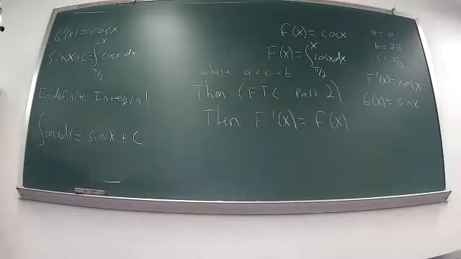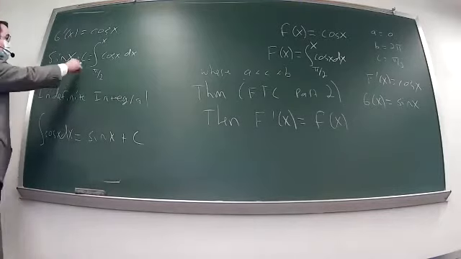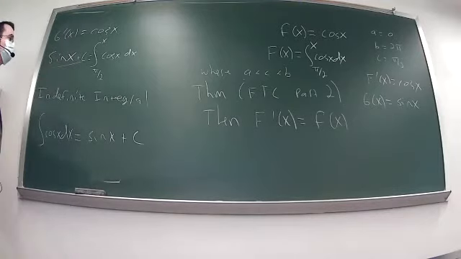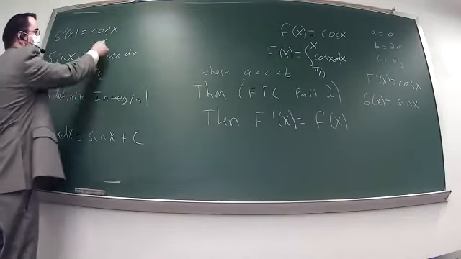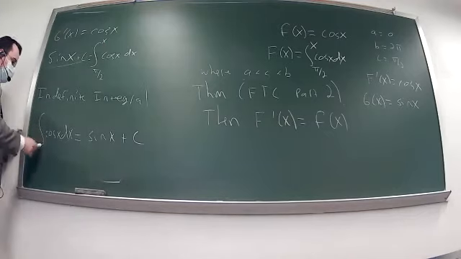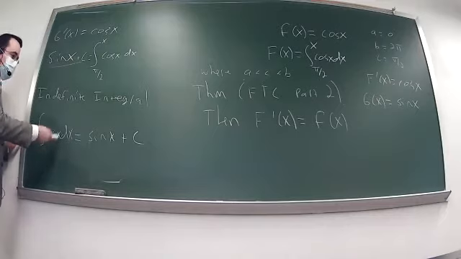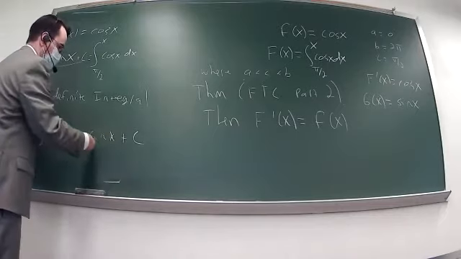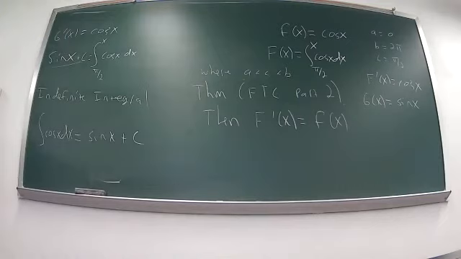And here I'm noticing that every single antiderivative of cosine has this form. So hopefully that motivates for you why we choose the integral with no bounds to just generically refer to an antiderivative or an indefinite integral.